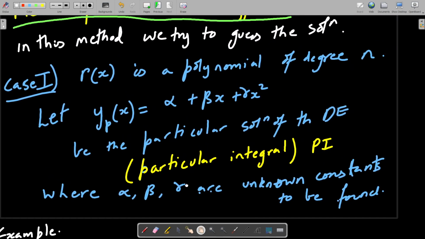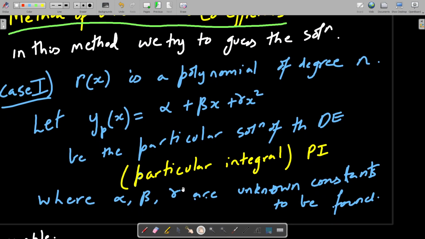By the way, if r of x is a polynomial of degree n, this will have to continue up till the nth term, x raised to n.